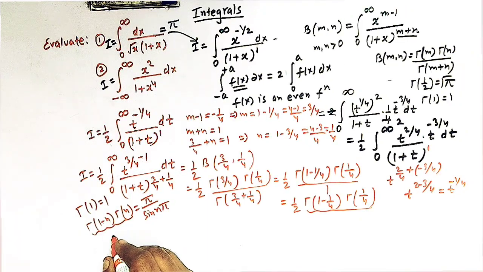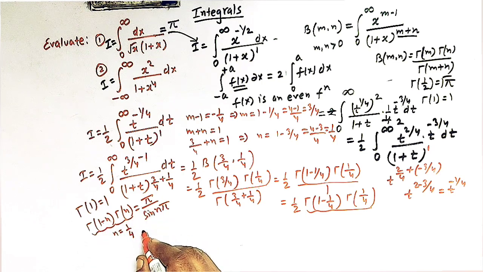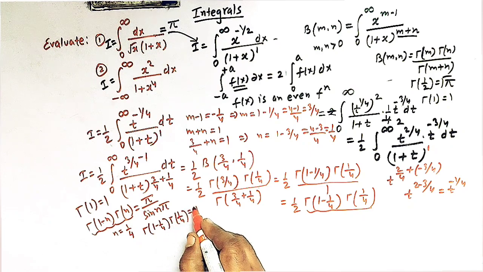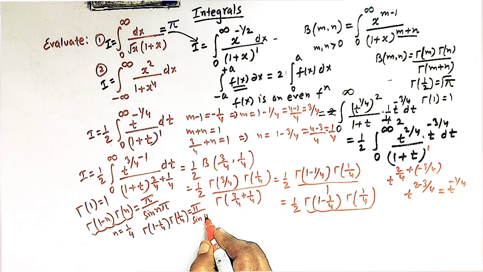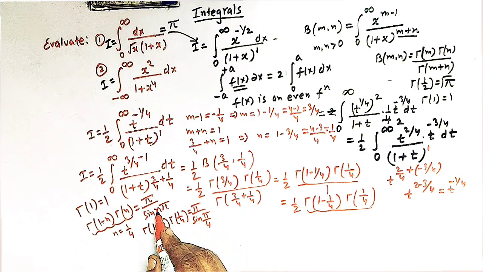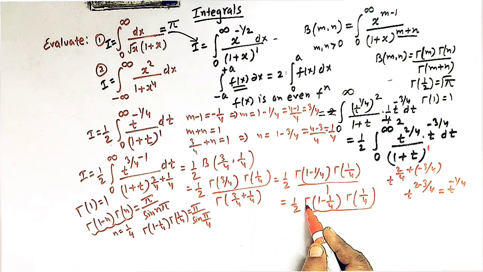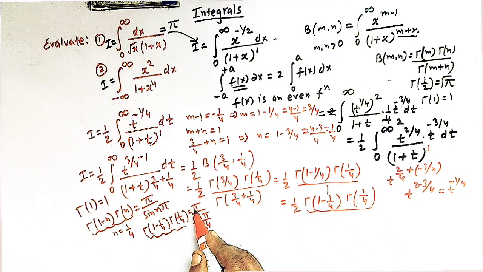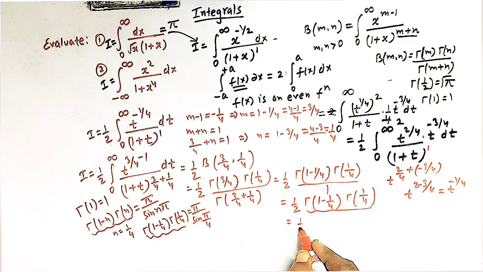So now if we take n equal to 1 over 4 in this formula, then gamma 1 minus 1 over 4 times gamma 1 over 4 is pi over sine pi by 4. So this expression is equal to pi divided by sine pi by 4. So here we can now write half and pi over sine pi over 4.